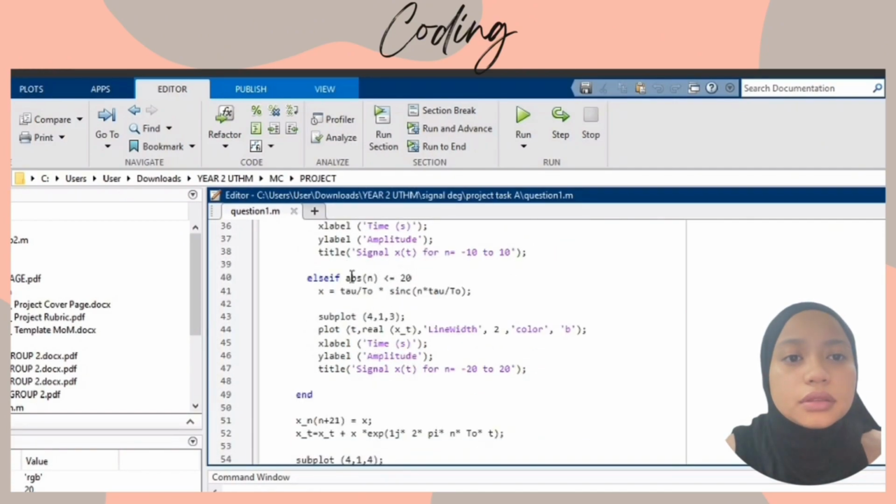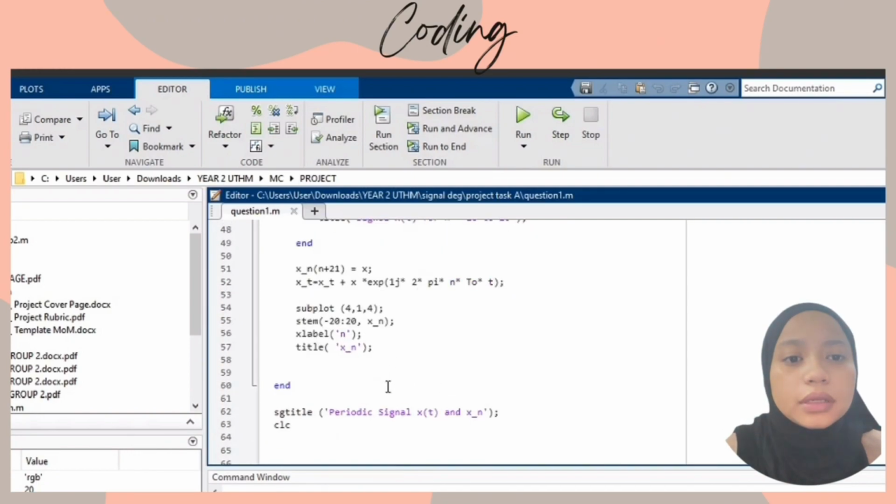And then n equals 20, the same function as above, and then the subplot, which is 413, and we plot x(t) with the color blue, x label time, y label amplitude, and the title, signal for n -20 to 20.